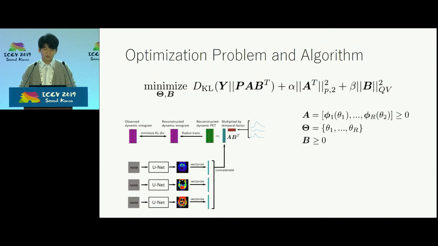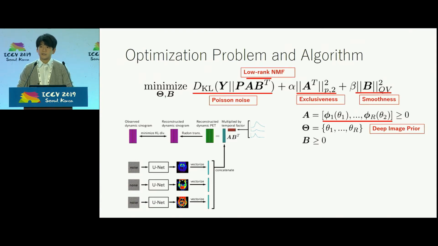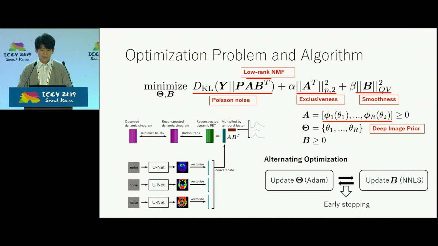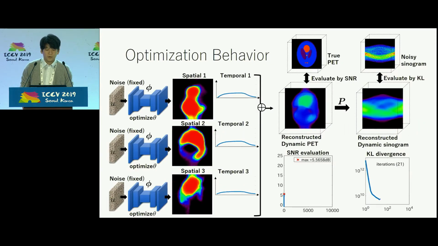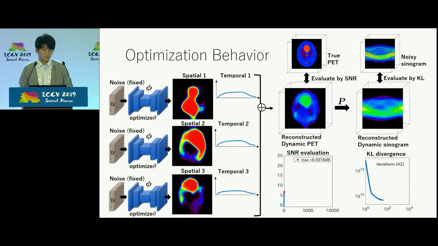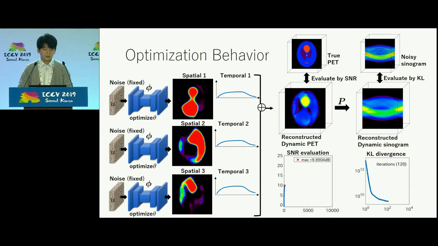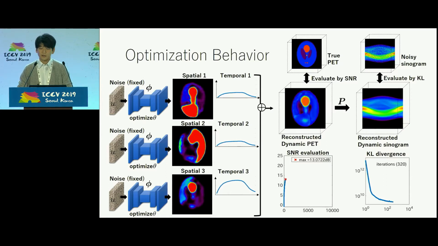This is the optimization problem of the proposed method. All priors are included in the optimization problem, and we solve it by an alternating optimization framework. This is the optimization behavior of the proposed method. 3 uniform noises are inputted into ConvNet, and 3 ConvNets output the spatial bases.